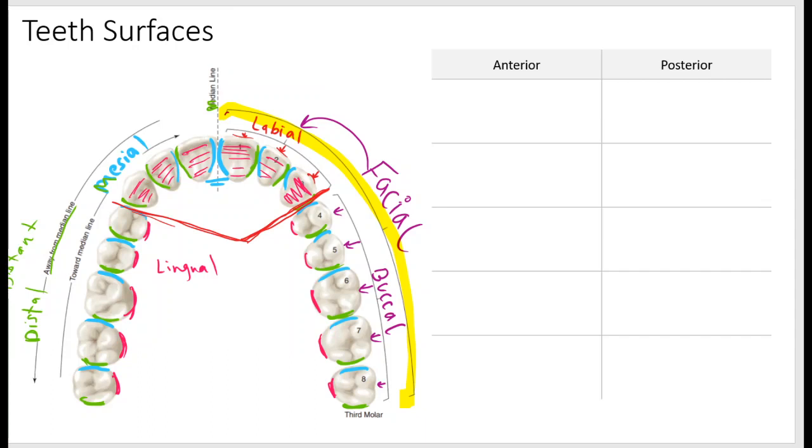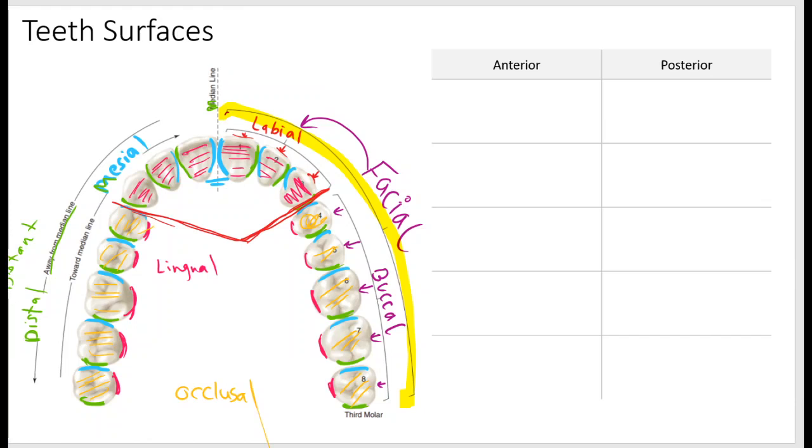We have the surfaces that are on the biting surfaces, the top surfaces of posterior teeth. These, we call them occlusal surfaces.